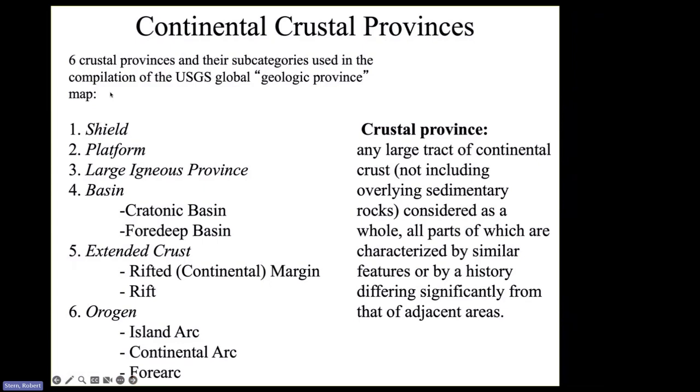The USGS identifies 6 crustal provinces and their subcategories: shield, platform, large igneous province, basin, extended crust, and origin. And basically, a crustal province is any large tract of continental crust, not including the overlying sedimentary rocks, considered as a whole, all parts of which are characterized by similar features or by a history differing significantly from that of adjacent areas.